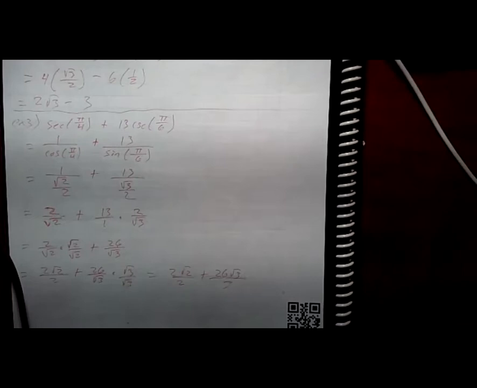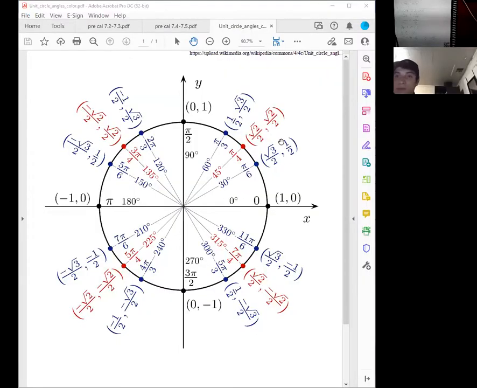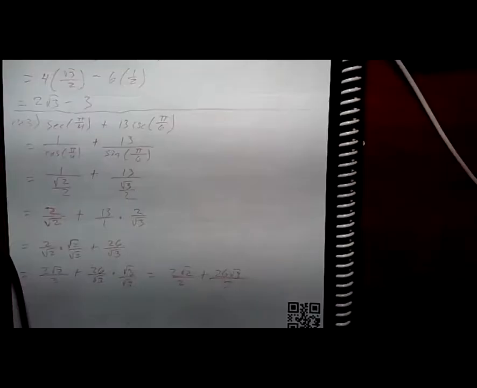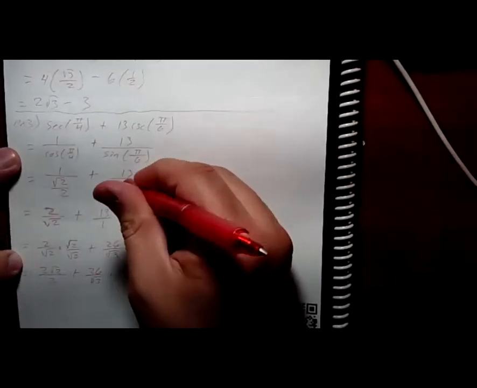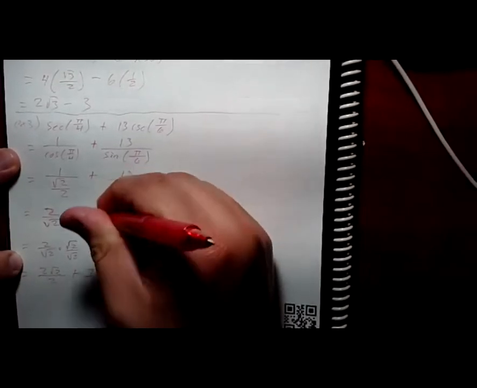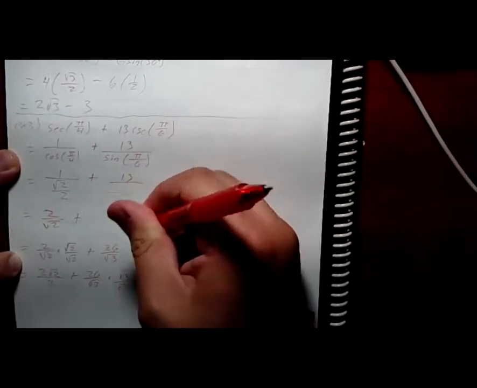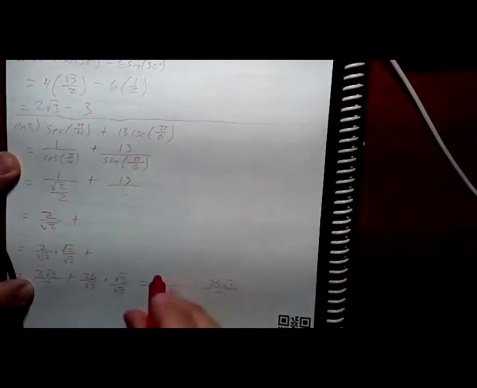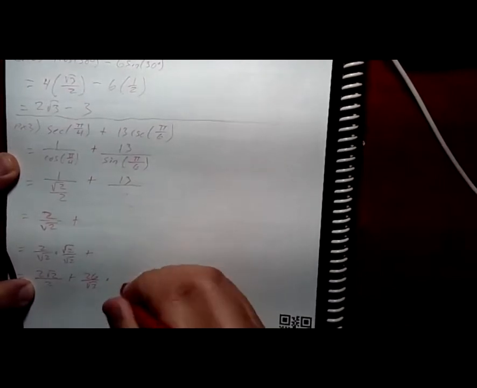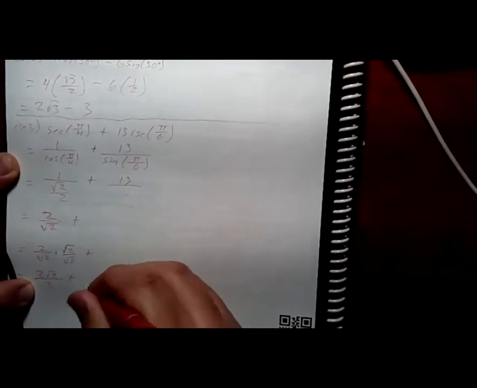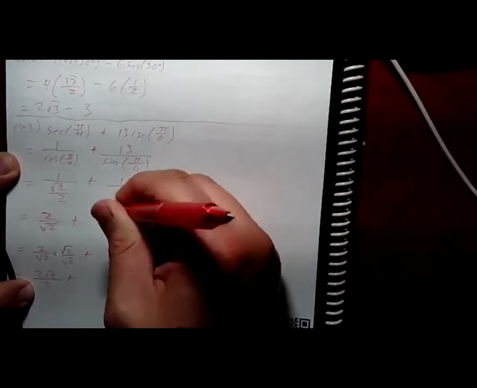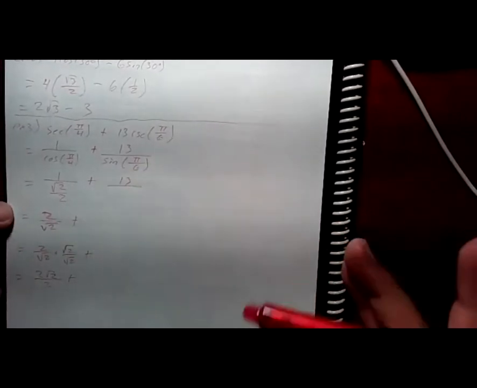Shoot, I think I made a mistake. Let's look at the circle again. Sine of pi over 6 is 1/2, not root 3 over 2. Let me fix this. So this part right here is messed up. Sorry about that. This part's good.